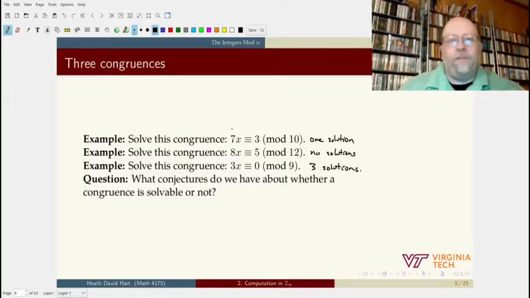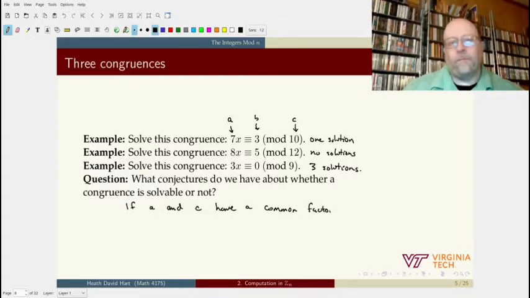And if I call this number A, and this number B, and this number C, one of the things that we notice is that if A and C have a common factor, that affects what kinds of things we can achieve.